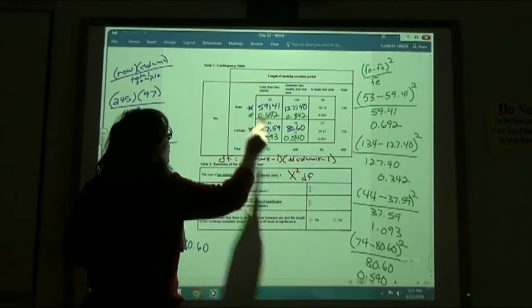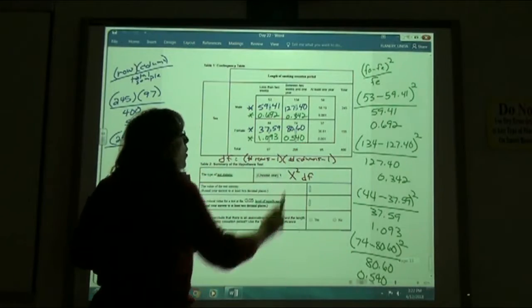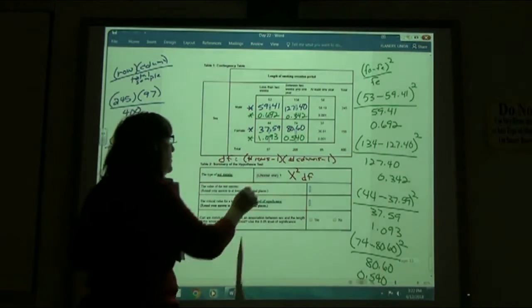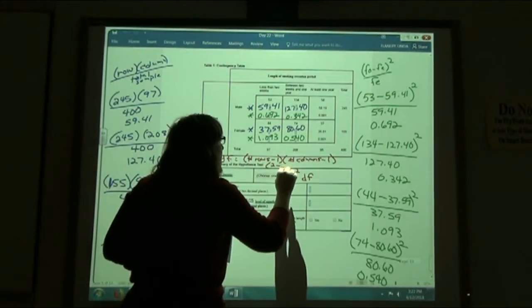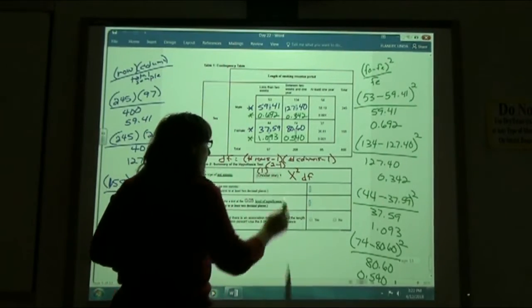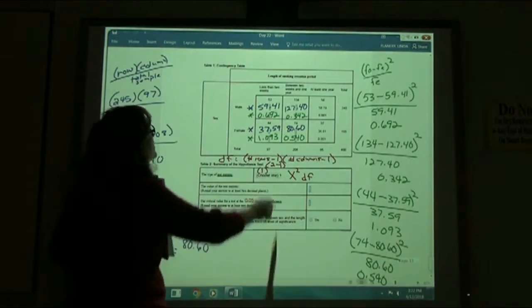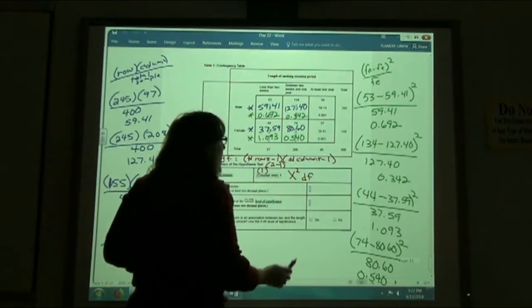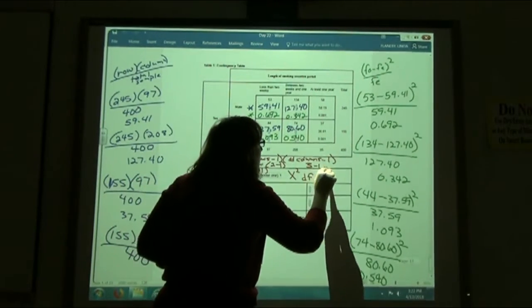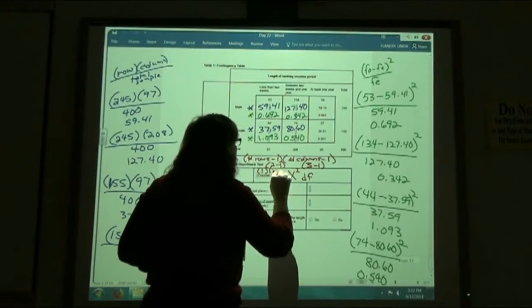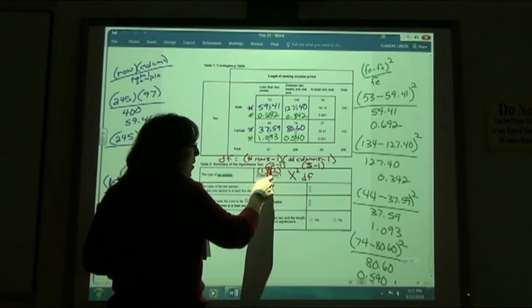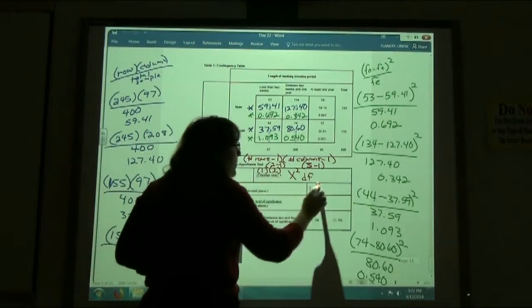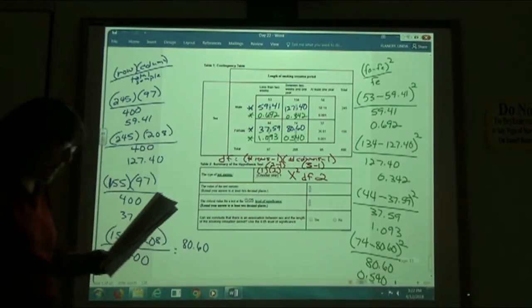I have 2 rows, male or female. 2 minus 1 is going to give me 1. Columns: less than 2 weeks, between 2 and 1 year, at least 1 year. I've got 3 columns. 3 minus 1 is 2. So 1 times 2 gives me 2 degrees of freedom.